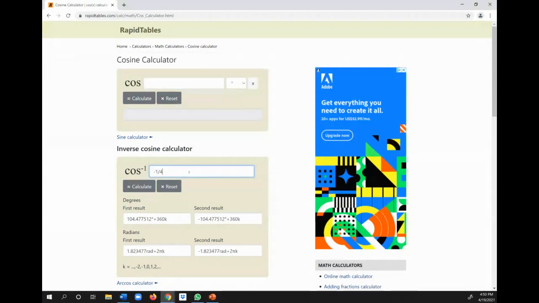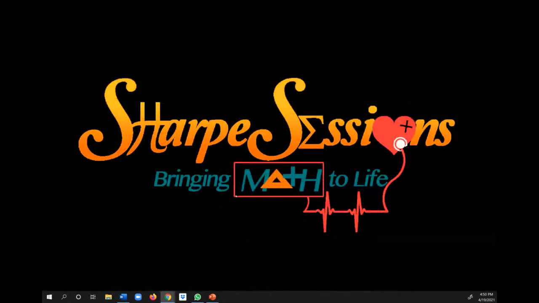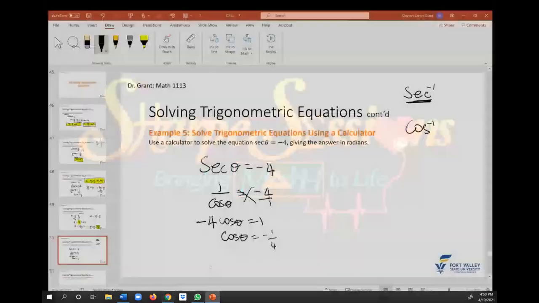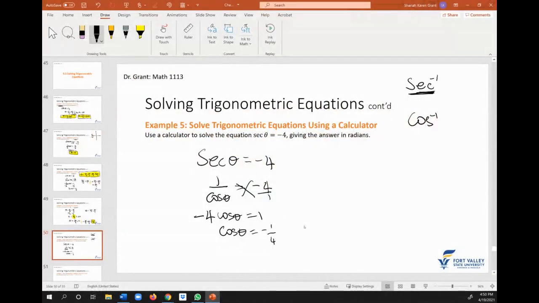Now, I don't know what calculator this is, but at any rate, here we have the radian value. And so the radian value here you'll see is 1.823, blah, blah, blah. And they already told us the plus 2k pi.